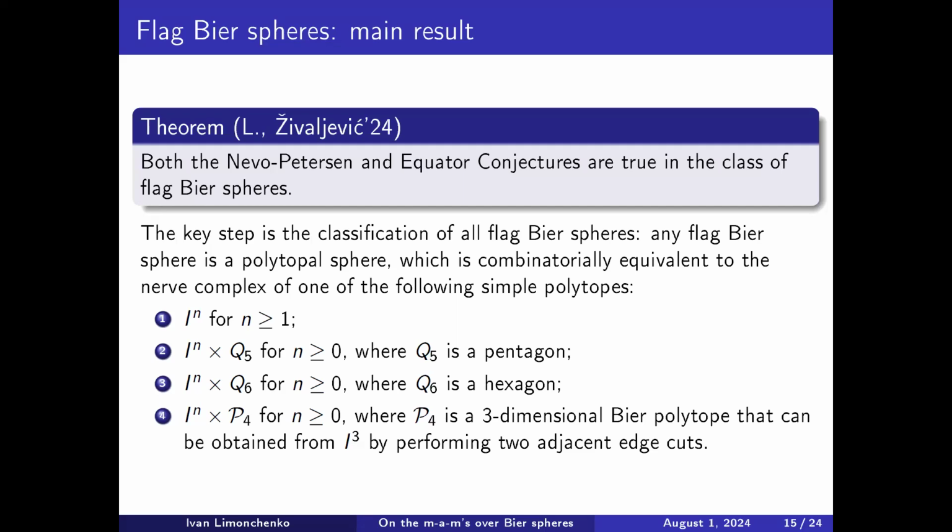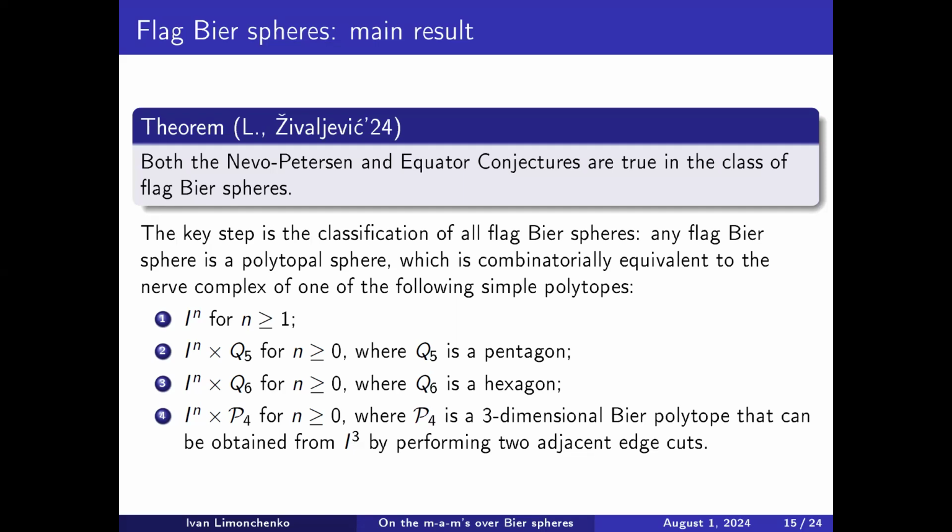Actually, they can be only cubes, products of a cube and a pentagon, products of a cube and a hexagon, and products of a cube and P4. That P4 stands for this two-truncated cube from the classification of two-dimensional Bier spheres. It is obtained from a three-dimensional cube by performing two adjacent edge cuts.